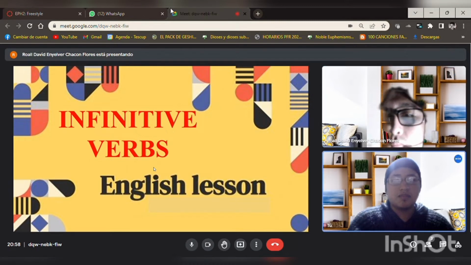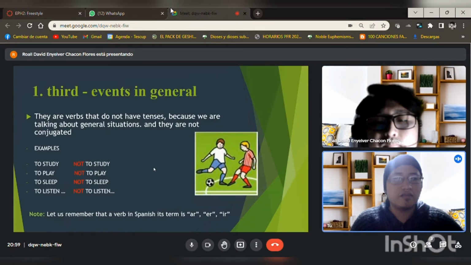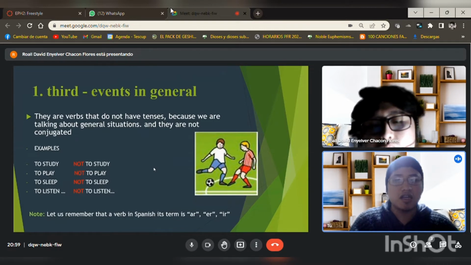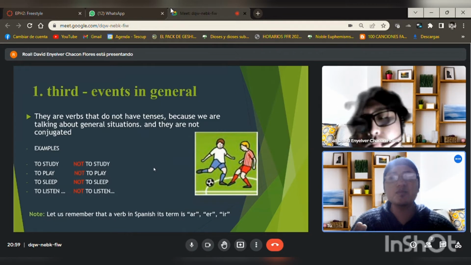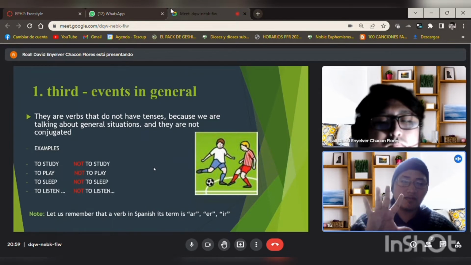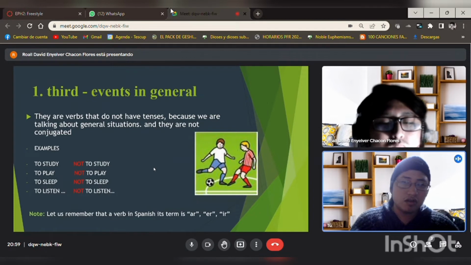Let's go. The infinitive verb and its definition. Infinitive verbs are those that express an action without a specific tense or mode of person. They are used in five cases. Case number one: events in general.